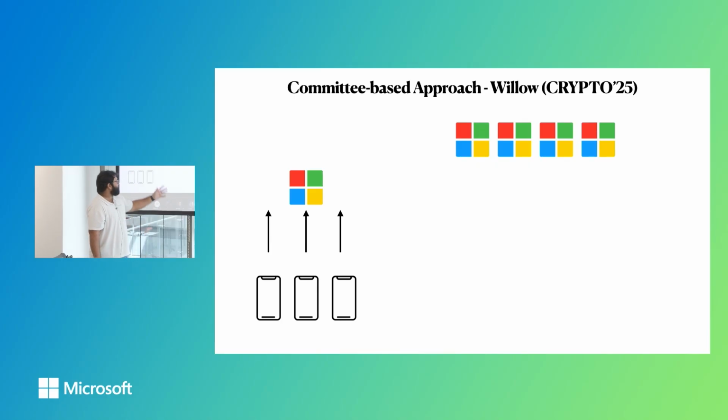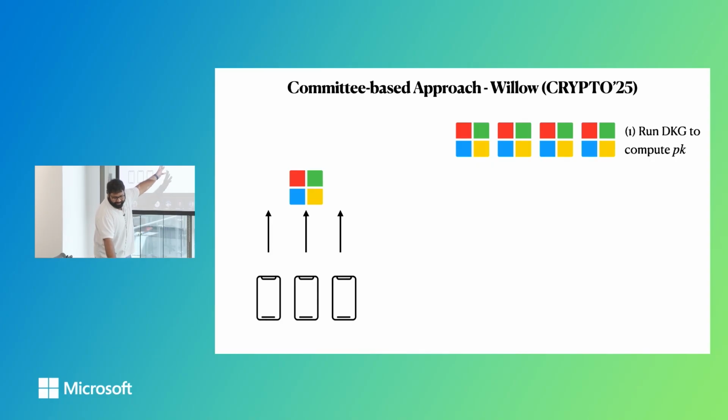The approach is that you end up using this set of decryptors. In Willow, they say, okay, we have certain decryptors. They don't really specify who these decryptors are, but in their protocol, they required the decryptors to run a DKG and then compute a public key. In my head, I think of this as being part of the server itself, because it seems like a designated decryptor in some sense. Now the protocol is very simple.